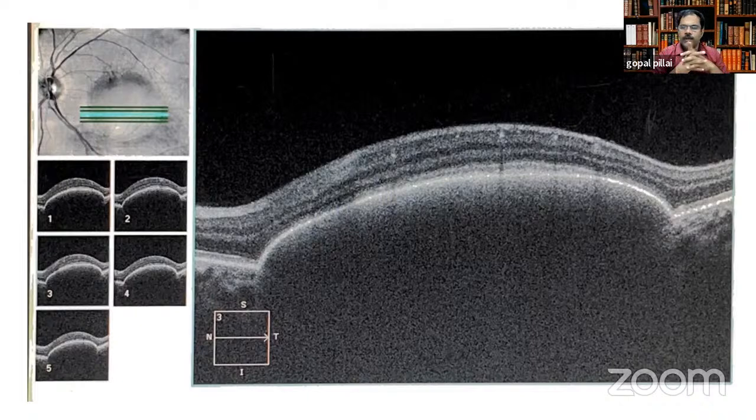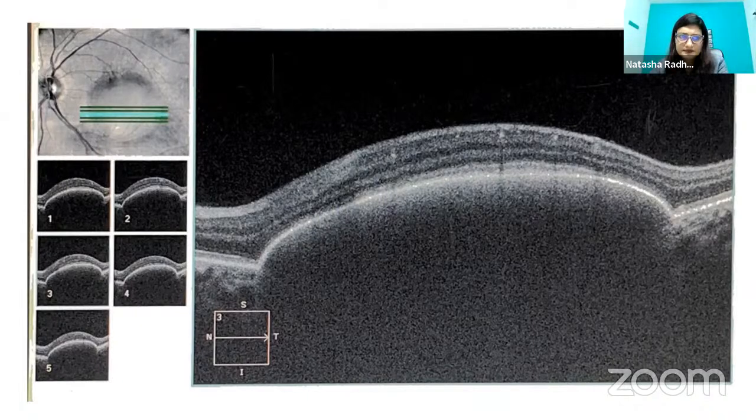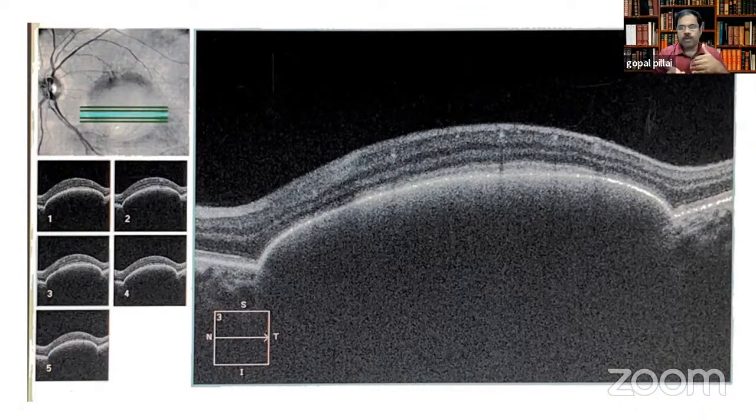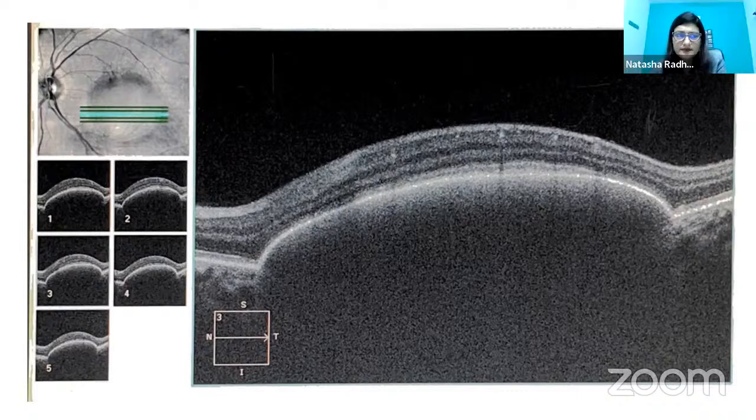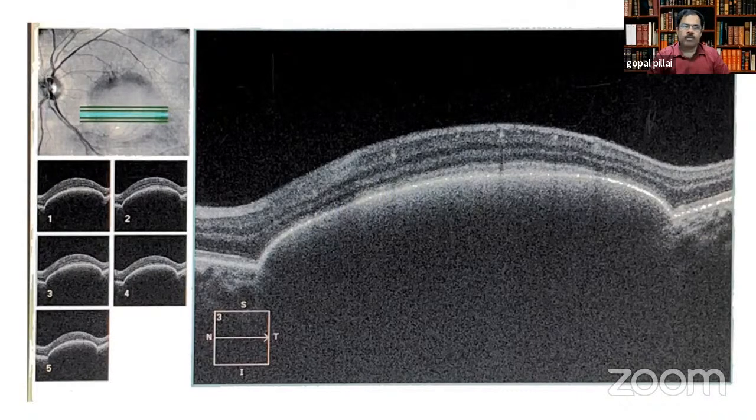There's a very mild intraretinal fluid. This much intraretinal fluid we may tolerate, but if this is immediately after treatment, then this is probably the best stage of OCT that the patient is going to get. This patient is actually treatment naive?